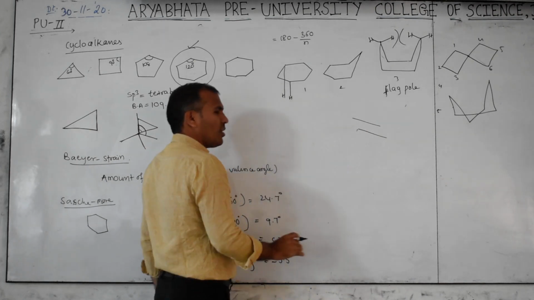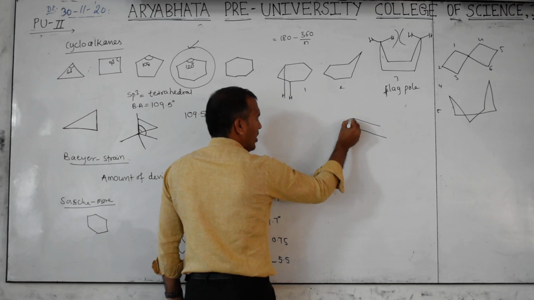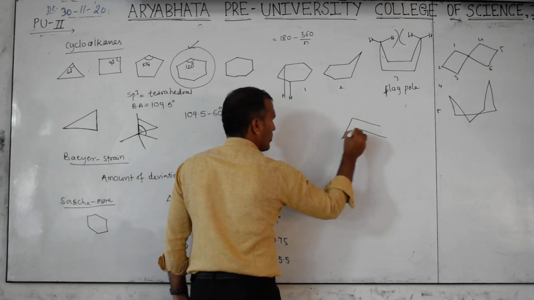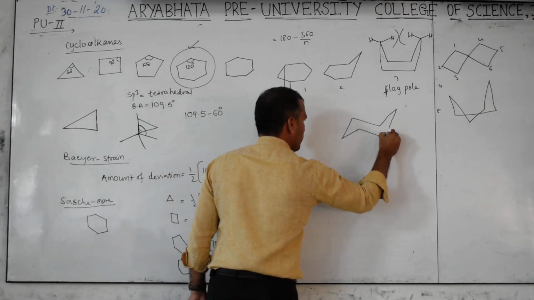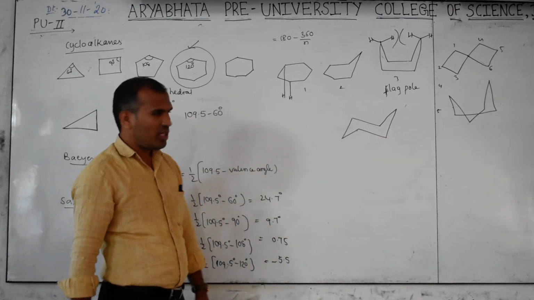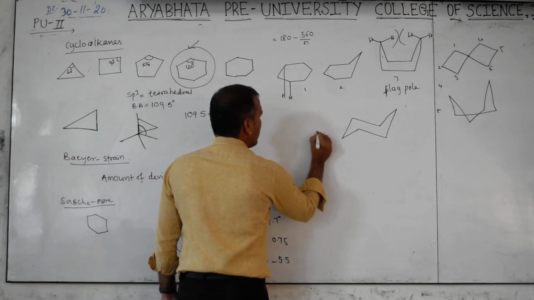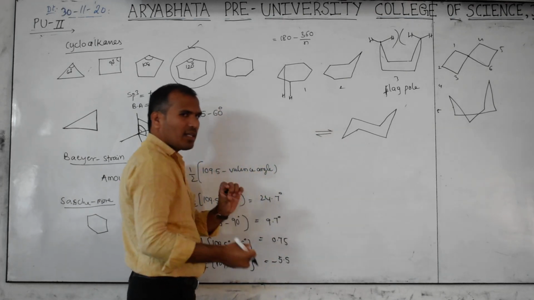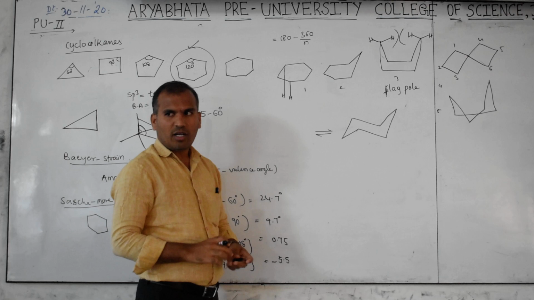Got it? Now observe how to draw. These two connect, these two connect. This is called the chair form. This is called the chair form. If you flip, these are interconvertible. Flipping. Observe once.